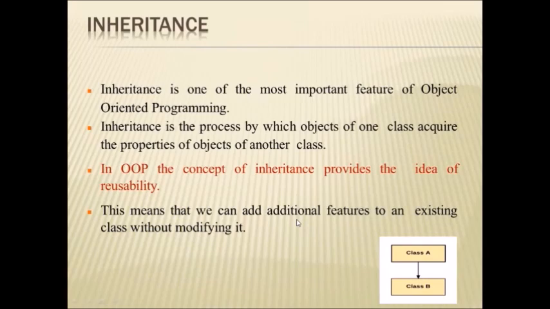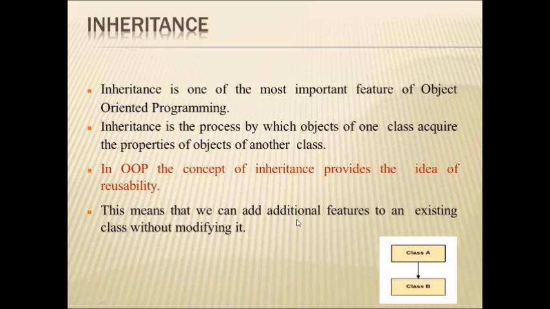Another important feature of an object-oriented system is inheritance. Inheritance is nothing but acquiring the properties of one object into another. That is, it is the process by which objects of one class acquire the properties of objects of another class. A simple example is that you can inherit some properties from your father.